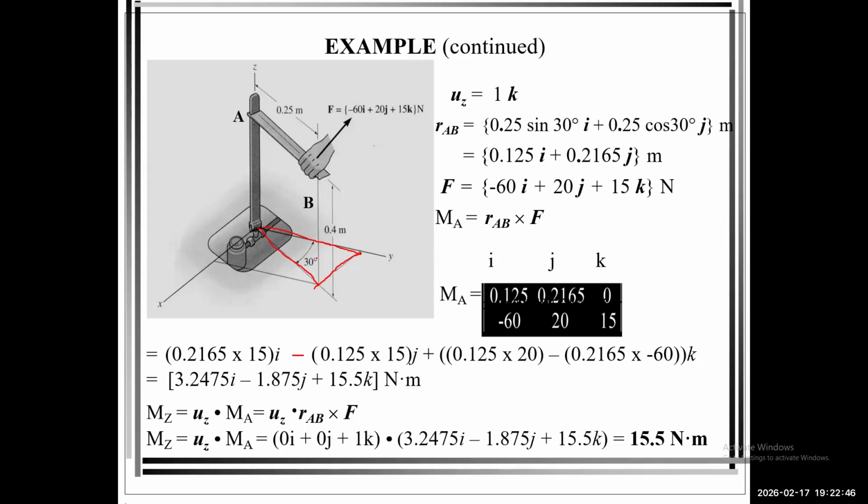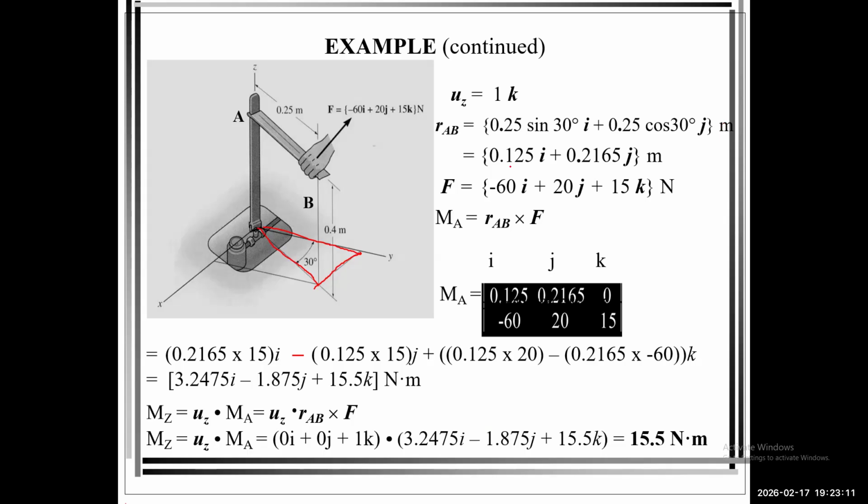That is, the sine is in the X direction, and cos, this distance here, down here, is in the Y direction, which is cos. So it's 0.25 cos. So you break up that length into X and Y for your position vector, right?